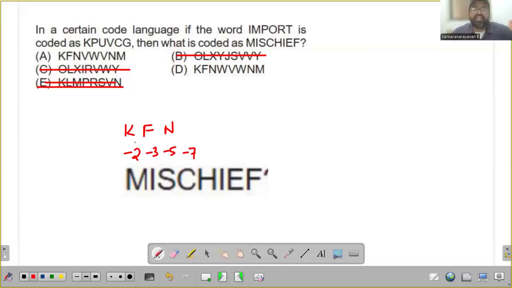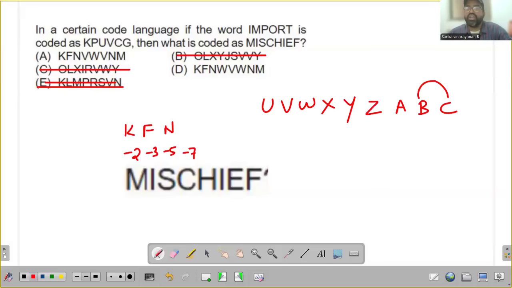Okay, so the next is C minus 7. Here you have to be slightly careful. C, B, A, then go in the reverse logic. Okay, U, V, W, X, Y, Z, A, B, C. So C, 7 steps back you have to go. 1, 2, 3, 4, 5, 6, 7.